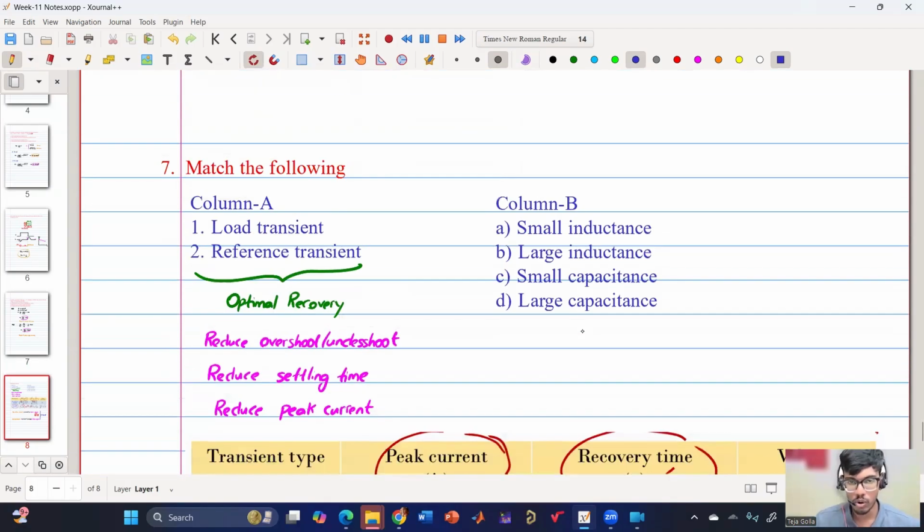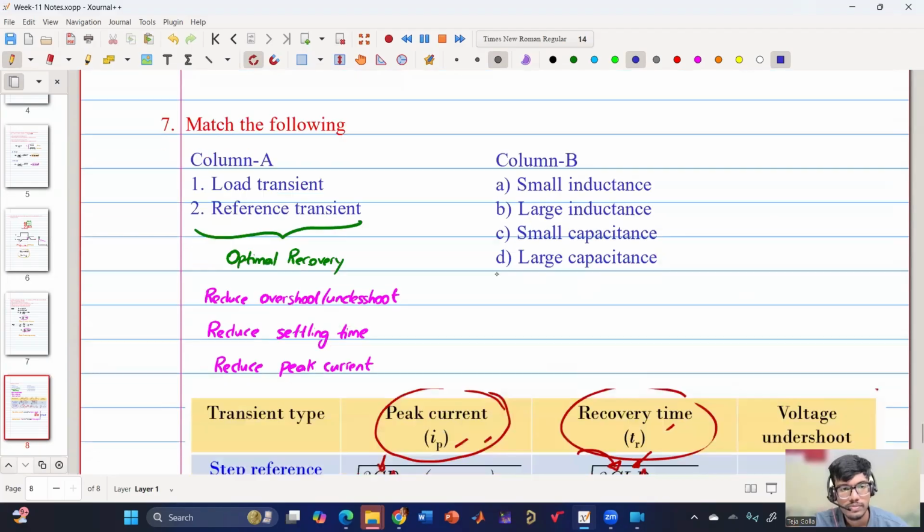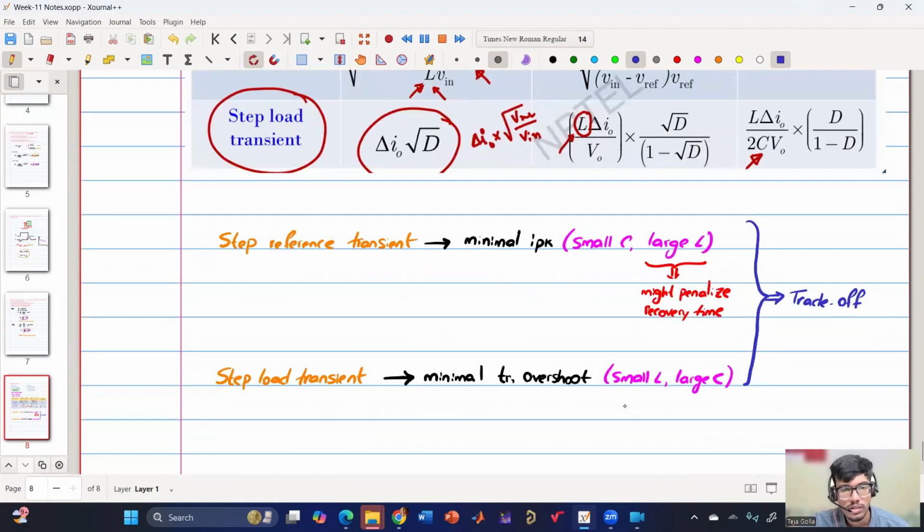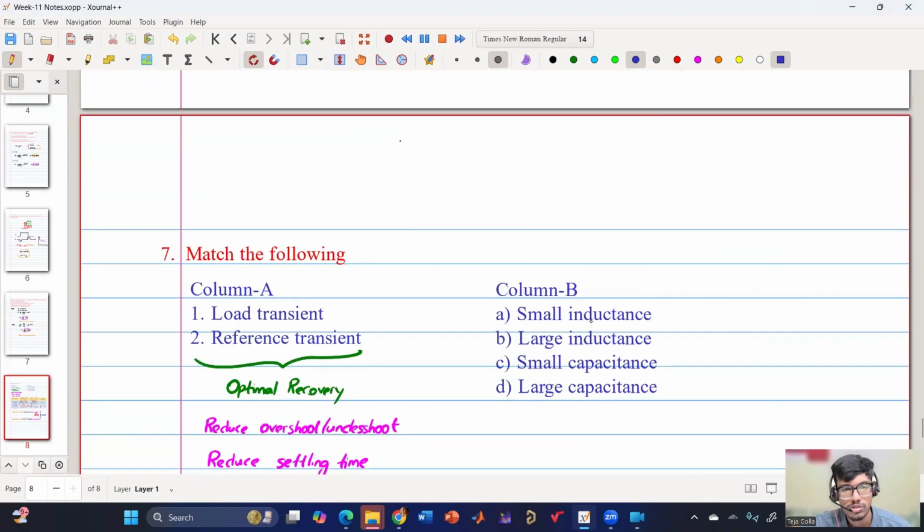So now tell me, for the load transient, what is needed, small inductance or small capacitance? Large capacitance and small inductance, right? So small inductance and large capacitance.